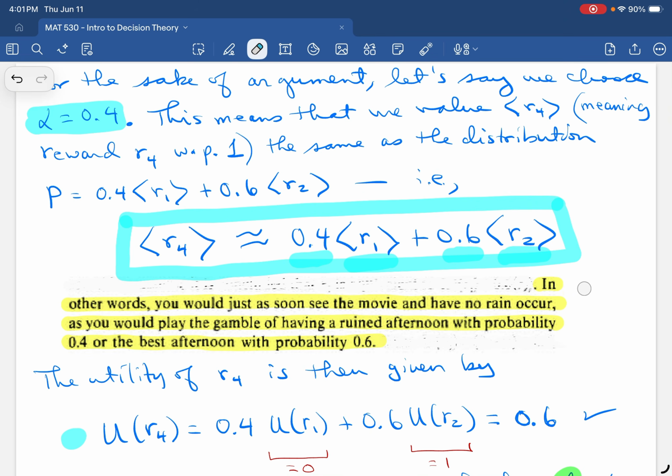So we're going to assume that we value both of those with exactly the same utility. And you can see the snippet there from the book. So in other words, you would just as soon see the movie and have no rain occur as you would play this gamble of having a ruined afternoon with probability 0.4 or the best afternoon with probability 0.6.